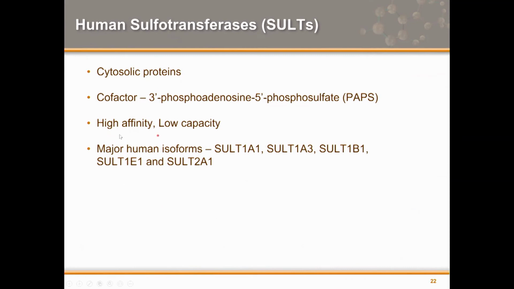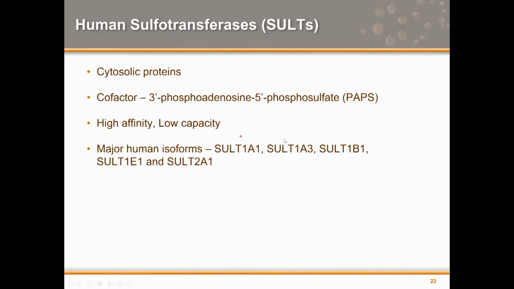And so what that means is at lower concentrations, the sulfotransferases will be more important than the glucuronosyltransferases. And you'll see more sulfation at lower concentrations than glucuronidation. But as the capacity of the sulfotransferases is approached, glucuronidation becomes quantitatively more important.